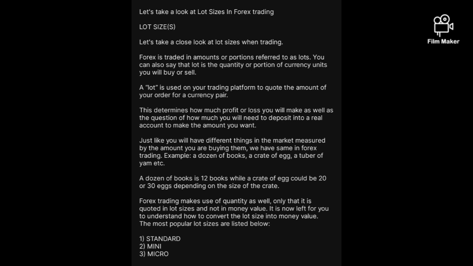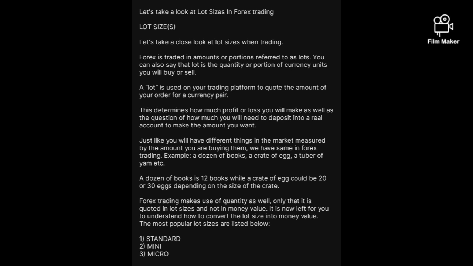You have the same in forex trading. Examples are a dozen of books, a crate of eggs, or a tuber of yam. A dozen of books is 12 books, while a crate of eggs could be 20 or 30 eggs depending on the size of the crate.